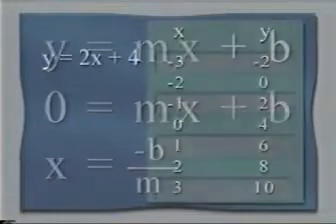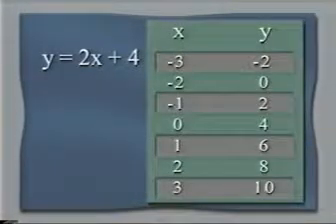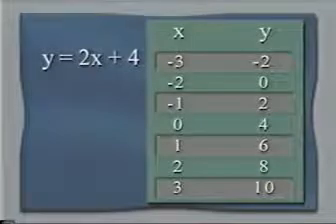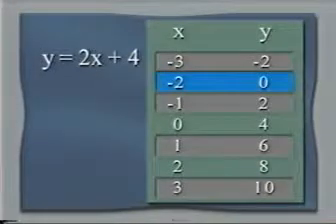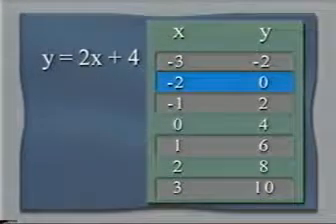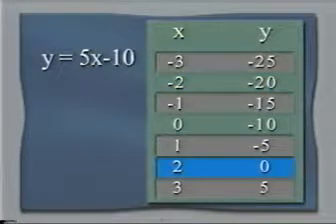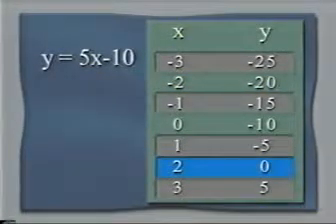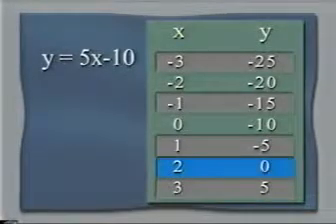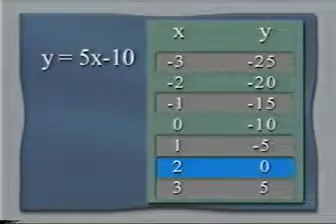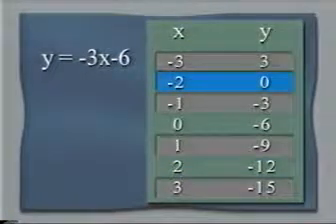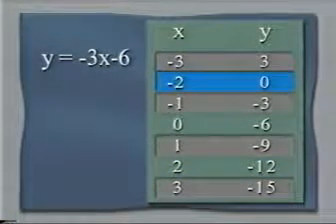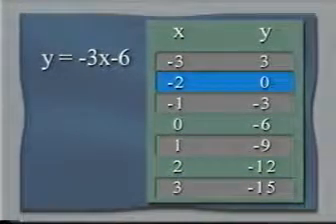So if y equals 2x plus 4, that was the first equation we looked at, the x-intercept should be negative 2. And indeed, when x was negative 2, y was 0. In y equals 5x minus 10, the x-intercept should be 2. That is 10 divided by 5, and indeed it was. And in y equals negative 3x minus 6, the x-intercept should be at negative 2, and it was.